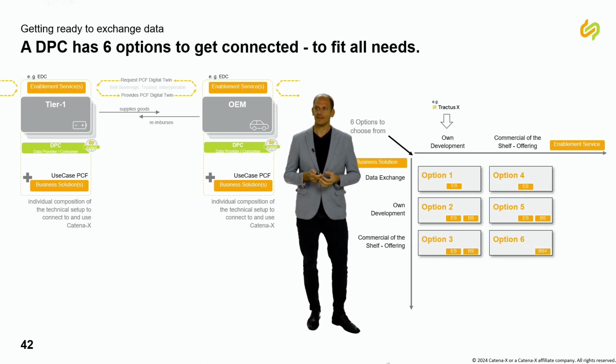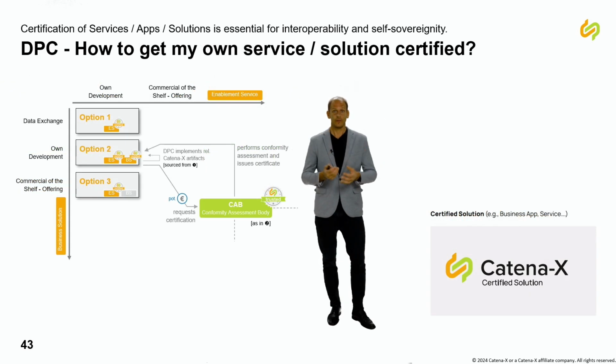On the other side, you also have the commercial off-the-shelf offerings by different companies. And again, the classification, the enablement services, and the business application provider. Now, you as a data provider and consumer, you want to create your own solution, and you did this.